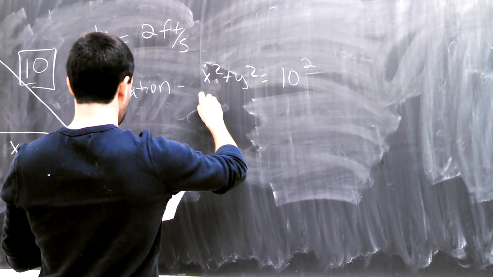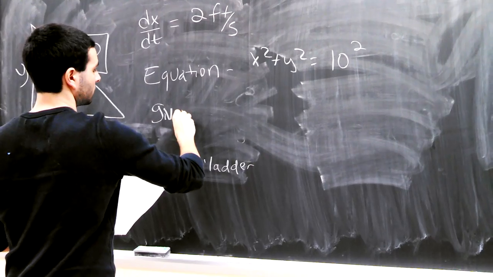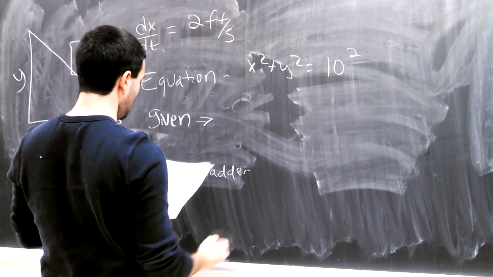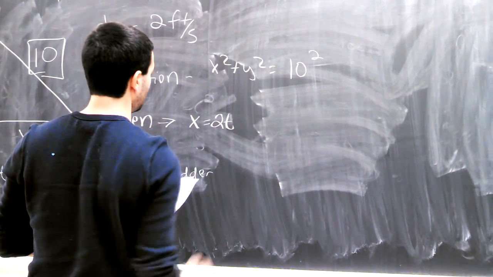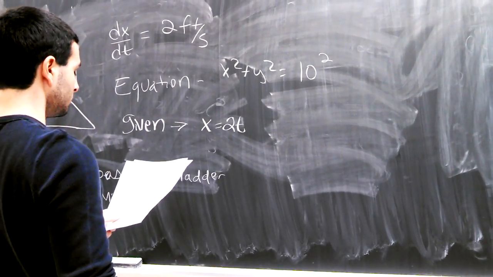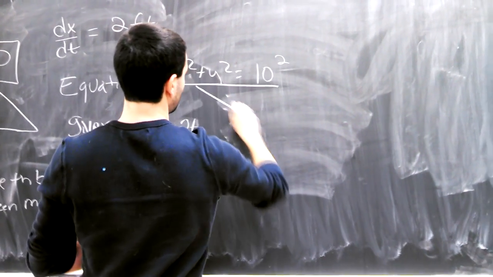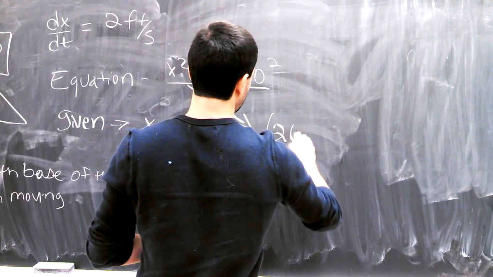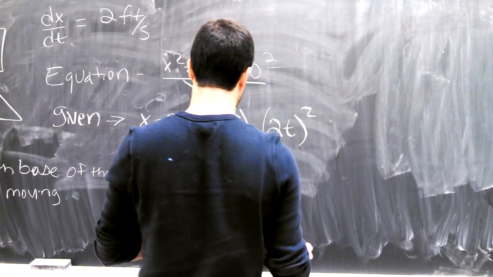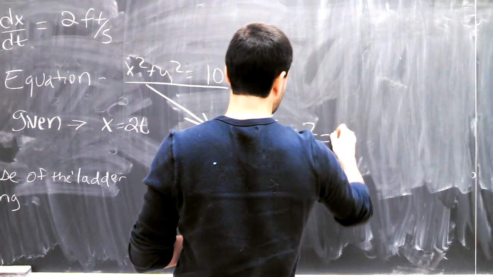There's also given that x is equal to 2 times t. So we substitute in, we have (2t) squared plus y squared is equal to 100.